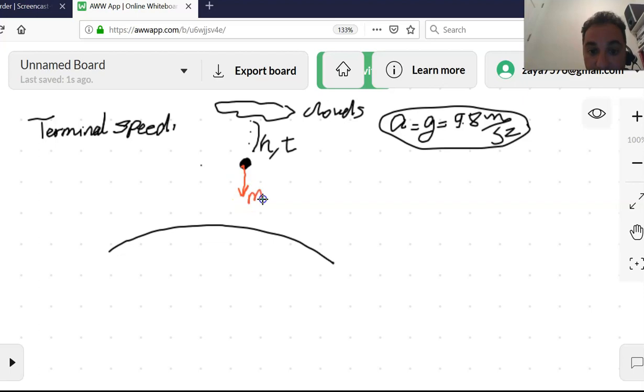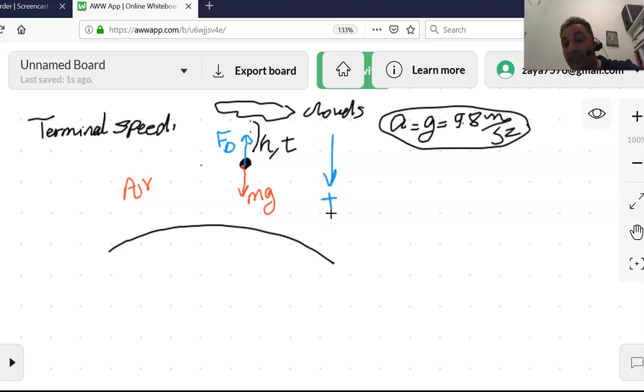We have mg when the object falls. It's because of mg, and at the same time, remember, here is air, and this air makes drag force on the object, correct? And drag force is in the opposite direction of motion, because your falling direction is downward, so mg is in the same direction as the falling direction, and drag force is in the opposite direction of your motion.